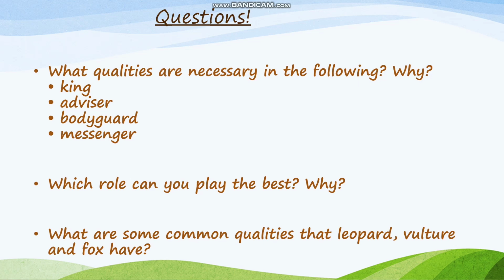First you will write down the qualities of these people. Then you have to think कि आप में कौन सी quality सबसे अच्छी है इसमें से. Okay? And then you will write which role you can play the best and why.